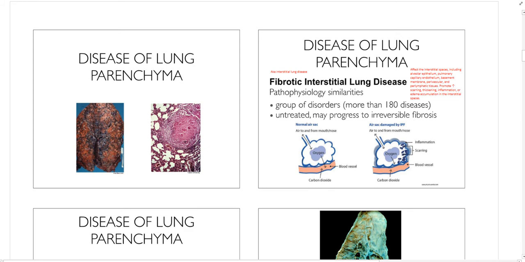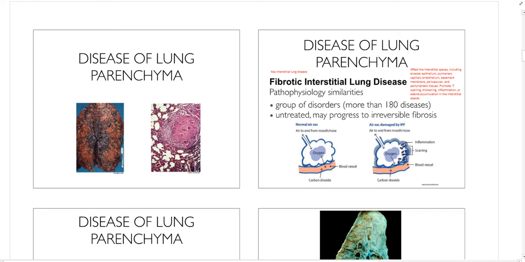When it comes to actual diseases of the parenchyma, outside the bronchi or the alveoli, we first have fibrotic interstitial lung disease. When I looked it up, this was more often called simply interstitial lung disease.